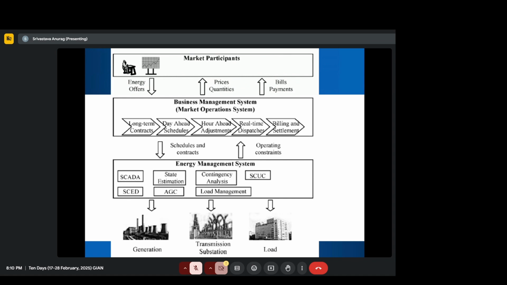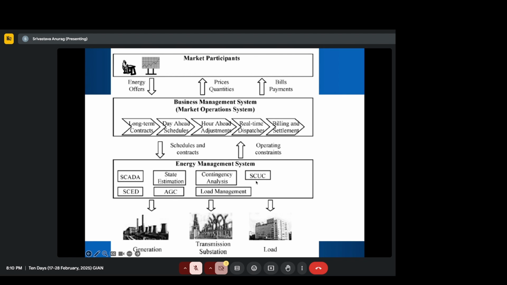So how does market work? Very quick overview. You have generation, transmission, load, and distribution. We run the transmission energy management system, which has SCADA, the information. We run the state estimation, we do the contingency analysis, and then we do the OPF. OPF takes the form of unit commitment. It is a security constrained unit commitment.